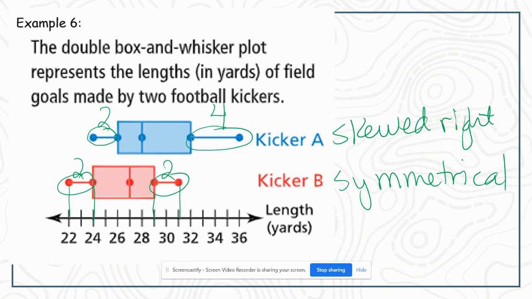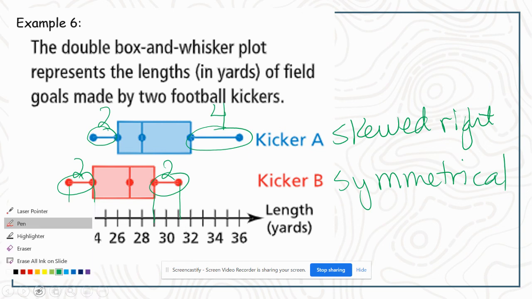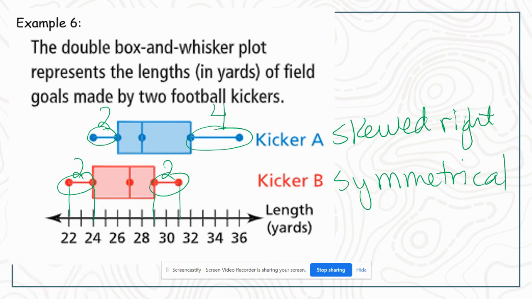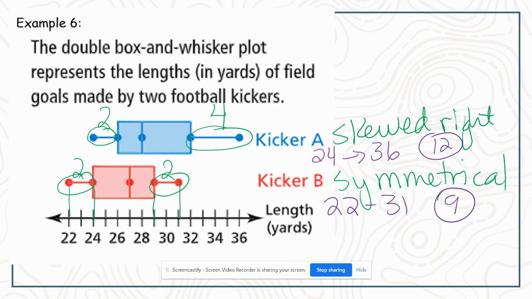Well, again, we would find the range. For kicker A, we're going from 24 to 36, which is a difference of 12. And for kicker B, we're going from 22 to 31, which is a distance of 9. And so kicker A would have the larger spread.